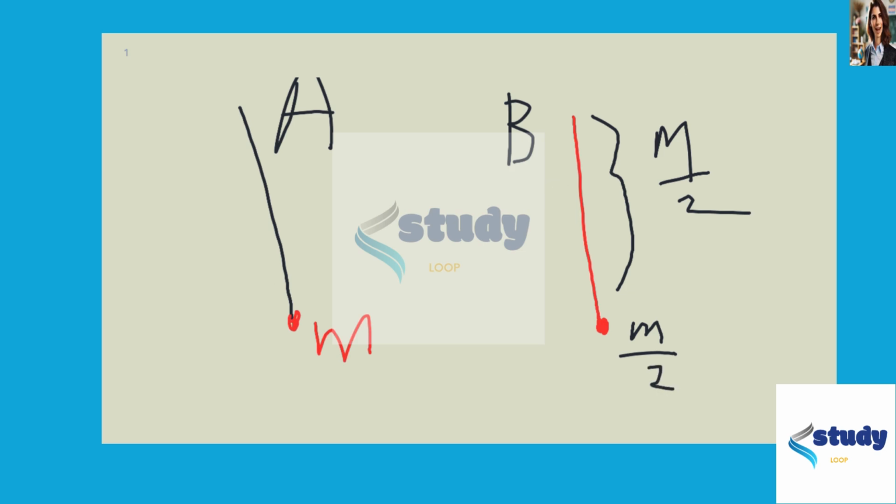So here m is talking about the total mass of each system. In A, it's concentrated all at the ball. In B, it's distributed over both the rod and the ball at the end.